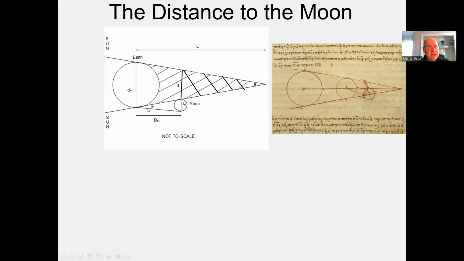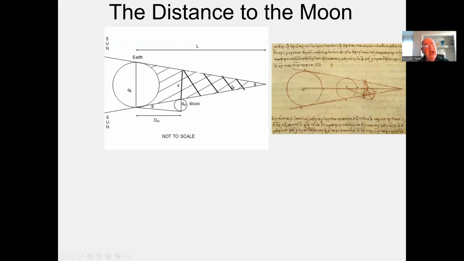He has this triangle here, and he has this triangle here. We were just working with this bigger one. Now he's interested in not going all the way to the diameter of the Earth. He just wants to go to S. He just wants to come here. He's got two triangles, this small triangle and this larger triangle here. They are similar because we know this is a half a degree.